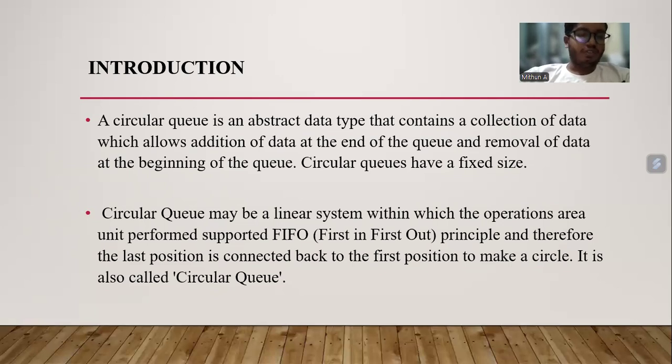So circular queue may be a linear system within which operation is performed with the support of FIFO, that is first in first out principle, and the last position is connected back to the first position to make a circle, and so we call it a circular queue.